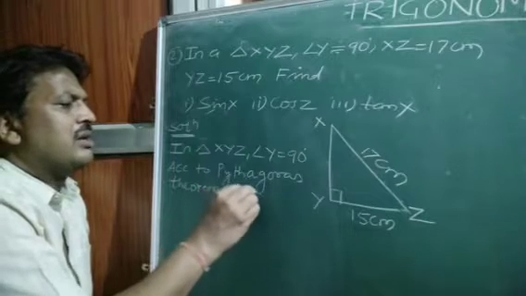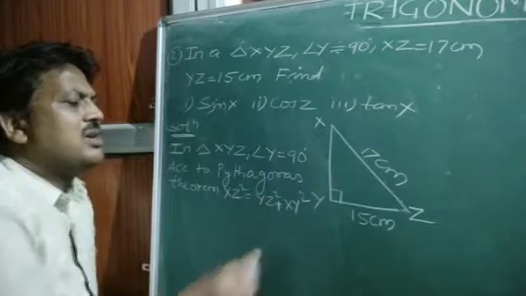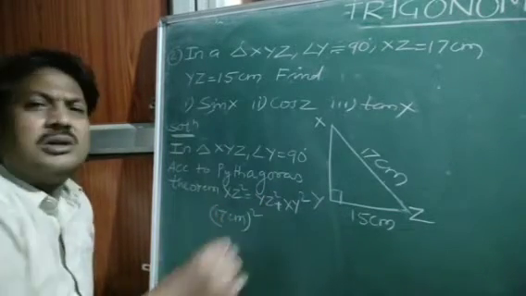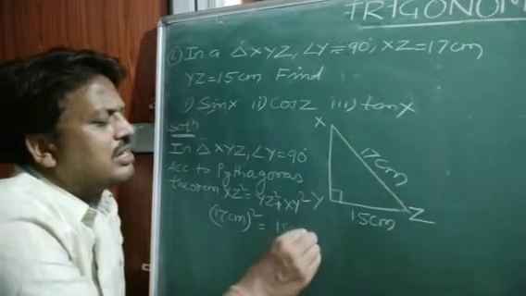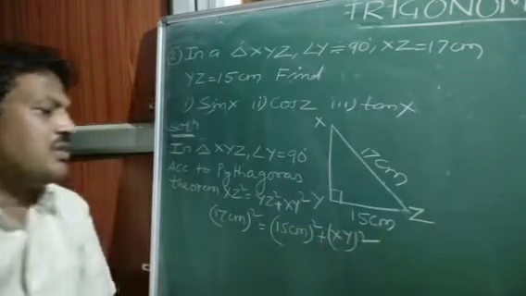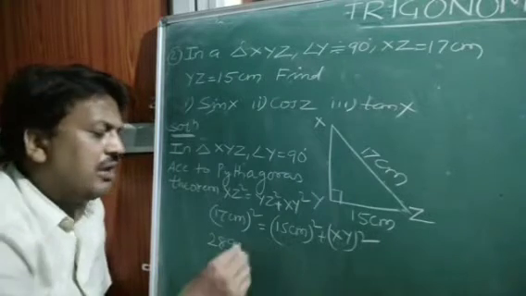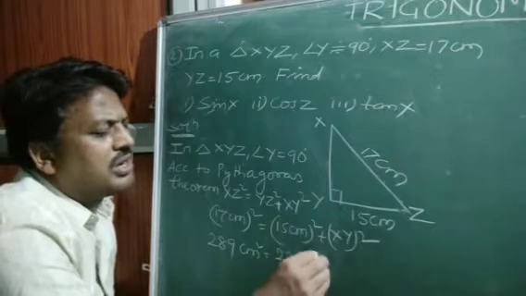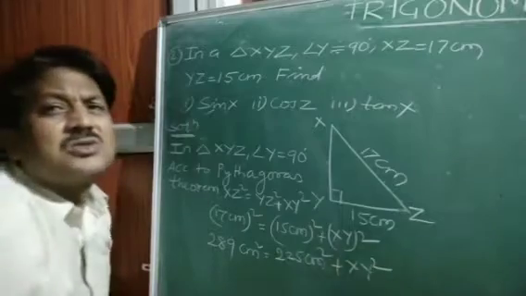XZ square is equal to YZ square plus XY square. XZ is 17 centimeter, whole square, is equal to YZ 15 centimeter, whole square, plus XY square. 17 square is 289, equal to 15 square which is 225 square centimeter, plus XY square.